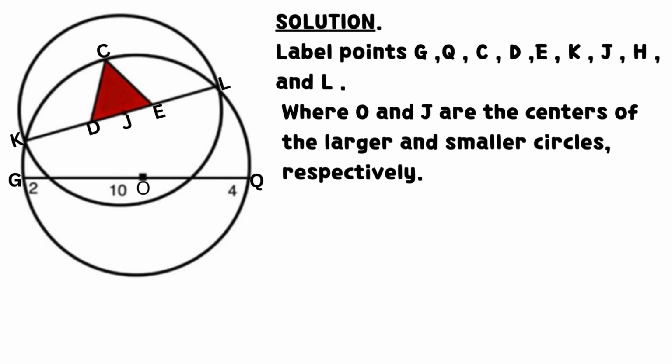The smaller circle is tilted at an unknown angle with diameter KL. The larger circle is horizontally placed with diameter GQ, which equals 16 units. This implies that its radius OQ, which equals OG, is 8 units.